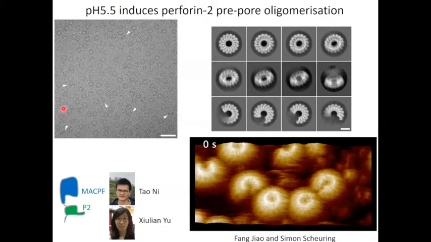But by taking these electron microscopy images, we can then classify them together by finding similar images, and by averaging similar images together, we get different views. You can see a very clear view.